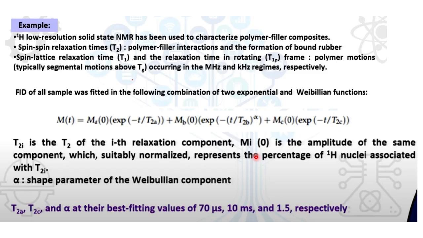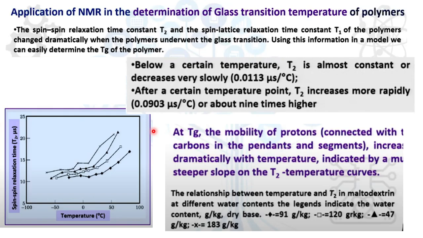So this is just by doing the NMR spectroscopy at different temperature. Here it is more understandable: by doing the NMR test from a very low temperature, you are plotting spin relaxation time T2 versus temperature.